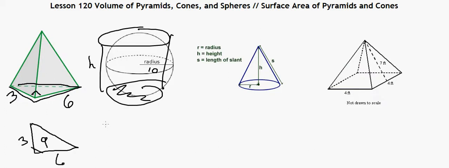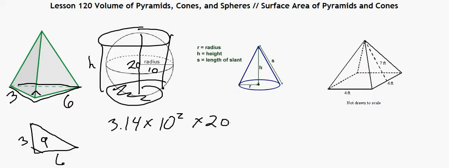Formula for area of a circle: pi r squared, pi times 10 squared. That comes out to 314, I would think. Multiply that by 20, because 20 is the height according to the directions. Final answer, if you multiply this by 20, is 6,280.